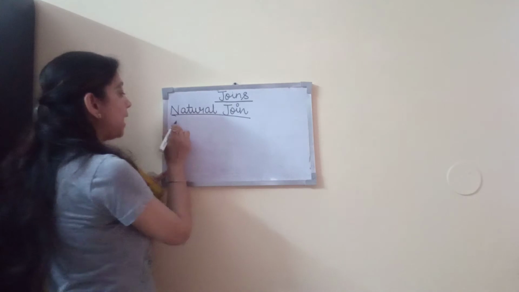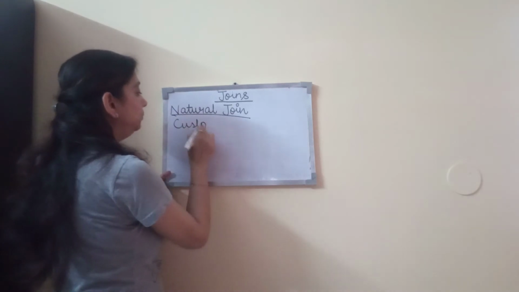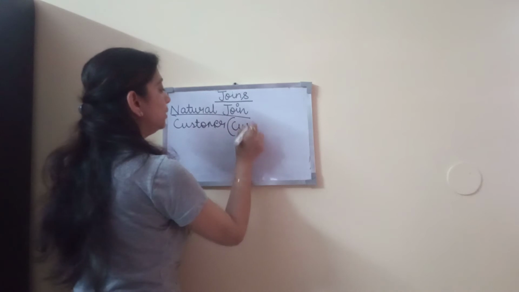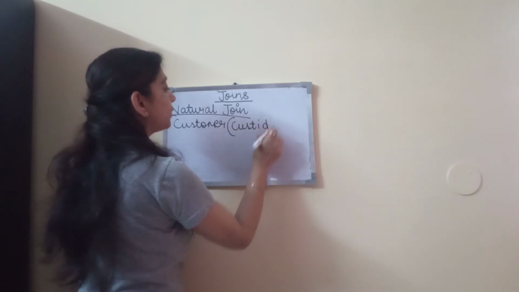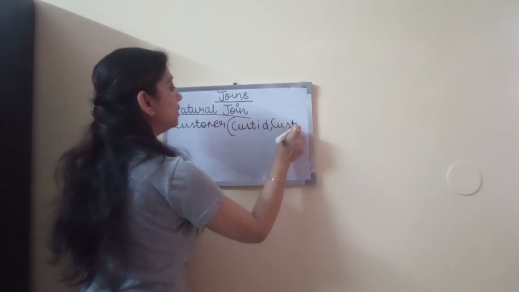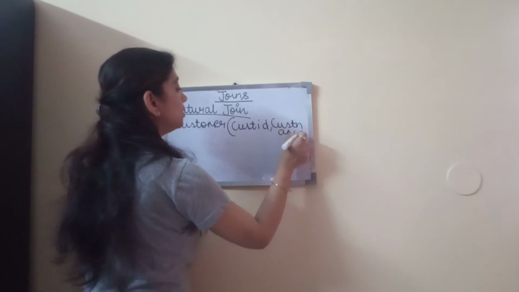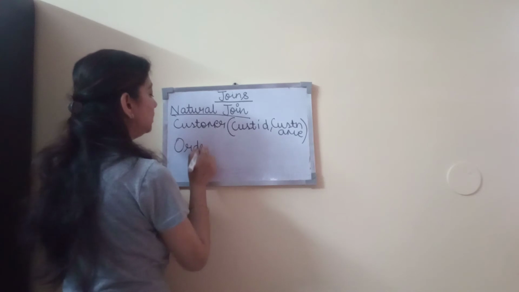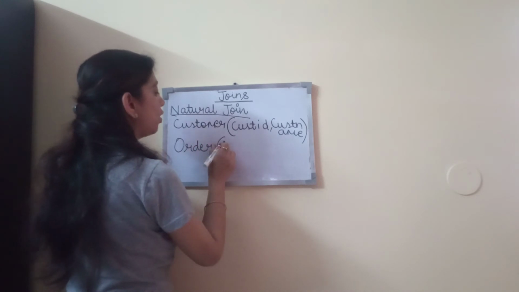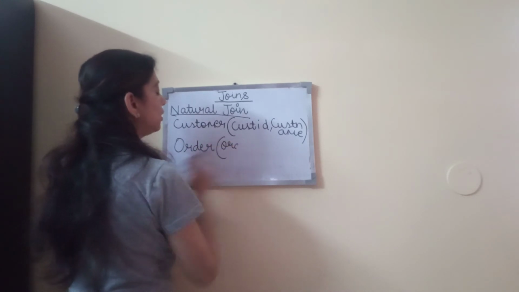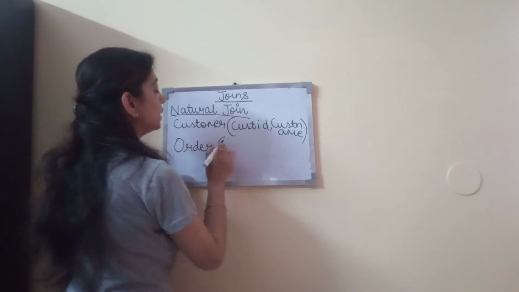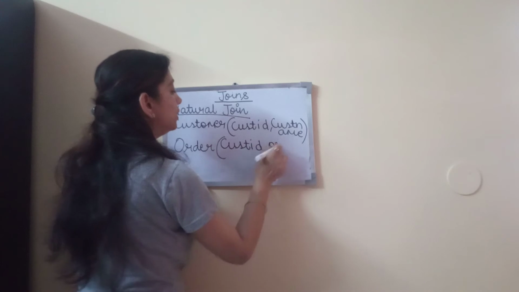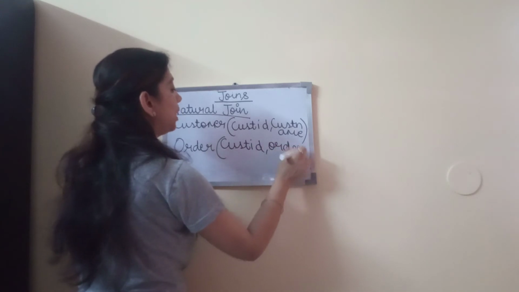For example, we have a customer table which consists of customer ID and customer name, and we have another table which consists of order, customer ID and order ID.